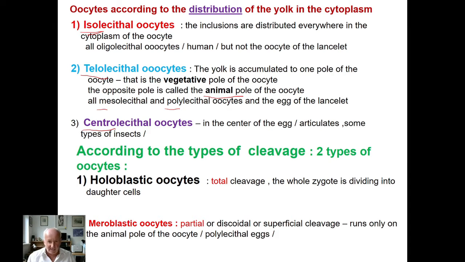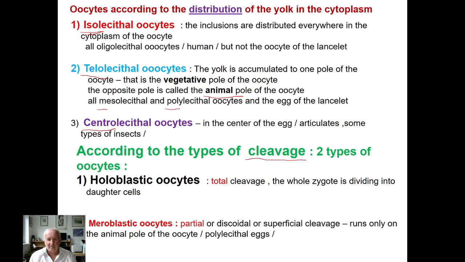And the last possible division to see different oocytes is according to the cleavage. That means the zygote, how will it be dividing? If the zygote is completely dividing into two complete new daughter cells, then such oocytes are holoblastic.